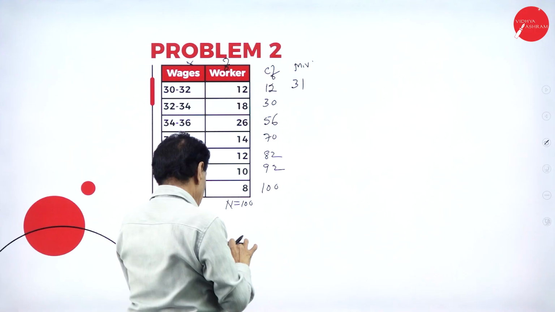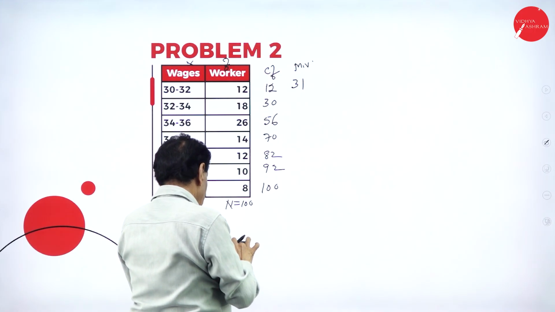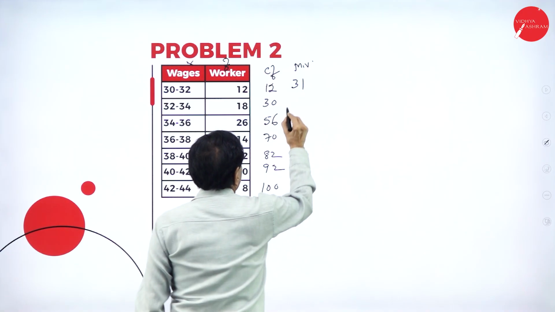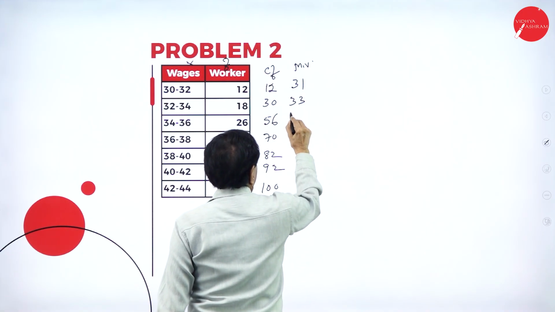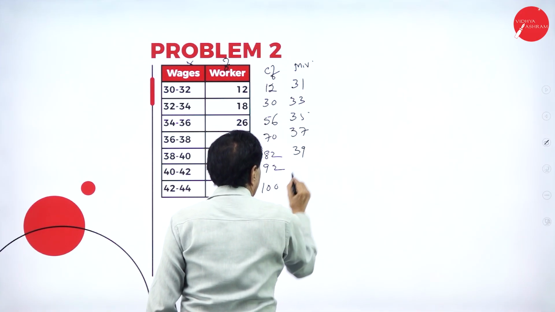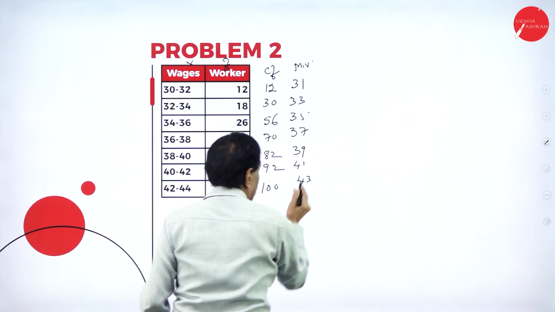Then 32 plus 34 divided by 2, 33, with a difference of 2: 35, 37, 39, 41, 43.